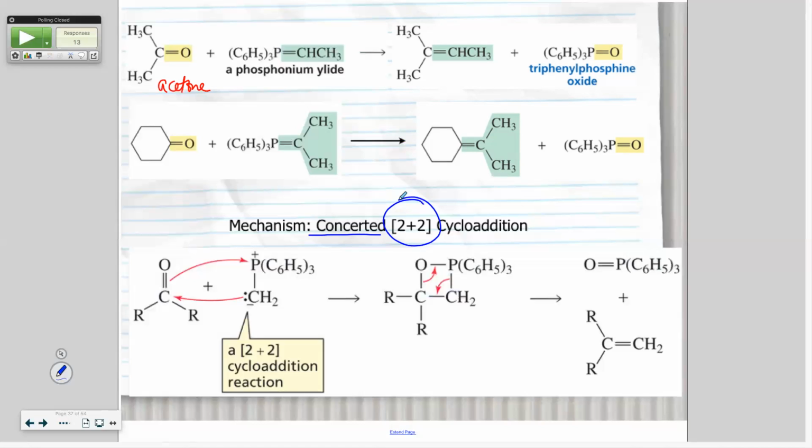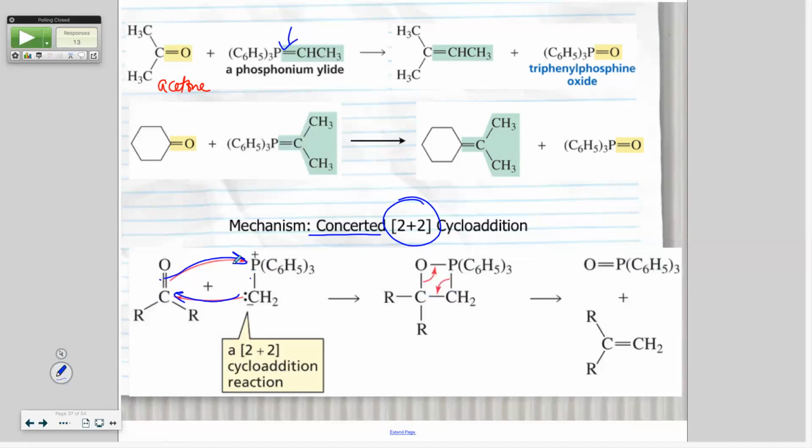Now we're doing a 2+2. So we've got pi electrons here, and we've got pi electrons here, because you can draw it like this. But the easier way to do the mechanism is to think that the C is negative. So it's going to go to the carbon of the carbonyl, and then the oxygen is going to go to the P. Oxygen and phosphorus have a little elemental love affair going.